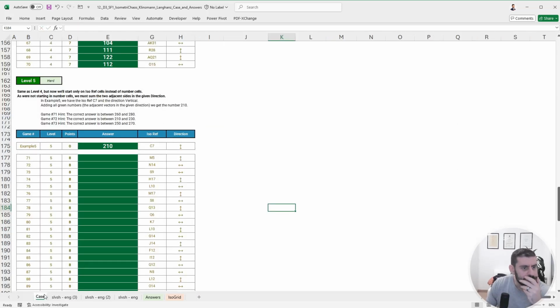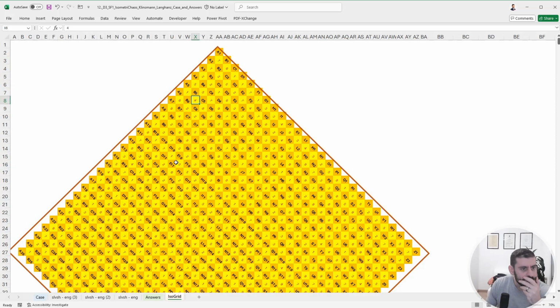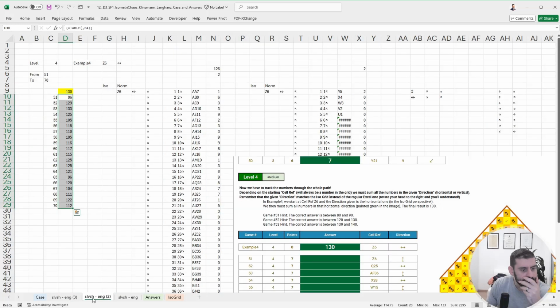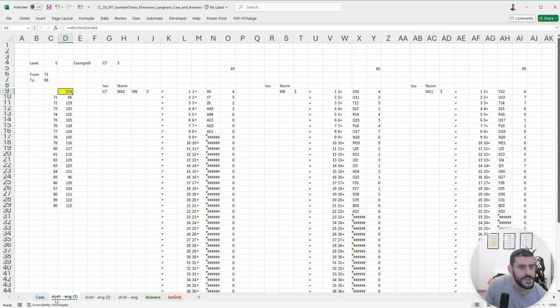So C7 isorefs. C7 this. So 2, 4, 5, 2, 2, 4, 5, 2, 2.